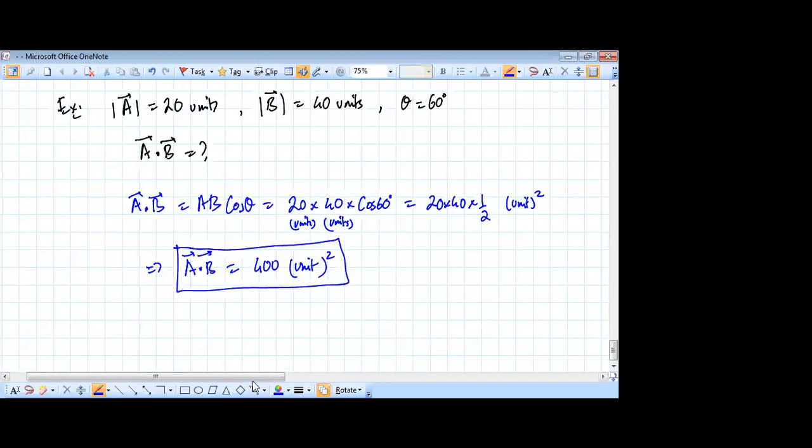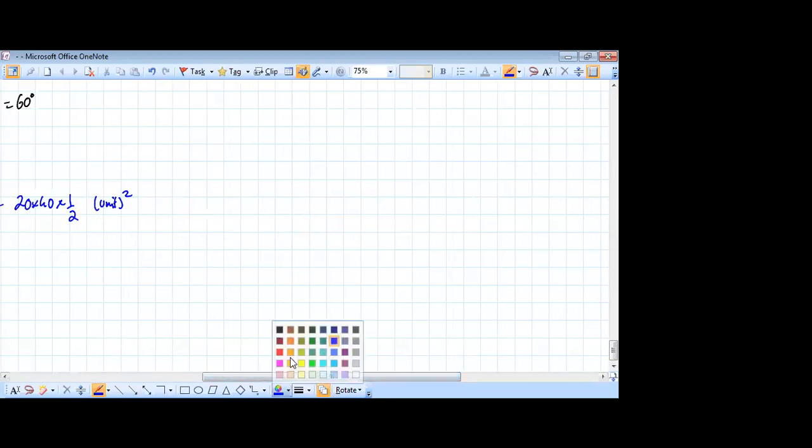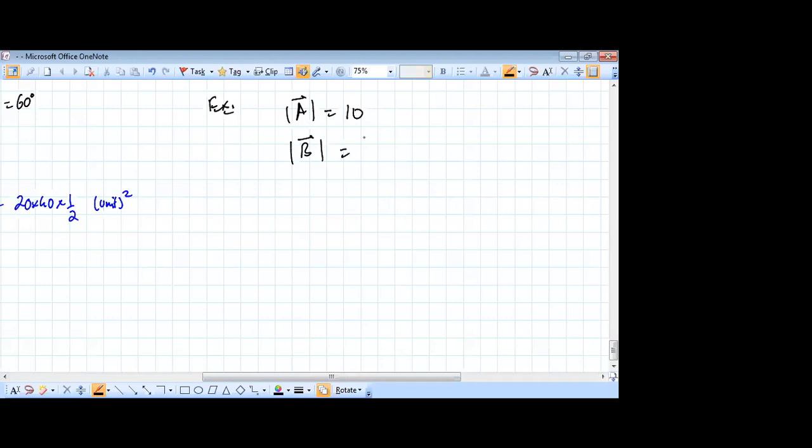Okay. Now similarly, suppose I had a situation, एक दूसरा एग्जांपल ले लेते हैं जहाँ पे given magnitude of E is 10, magnitude of B is, this time let's take a physical unit, suppose ये newtons में है, so E is a force vector, and B suppose meters में है, so B is a displacement vector because it's in meters.